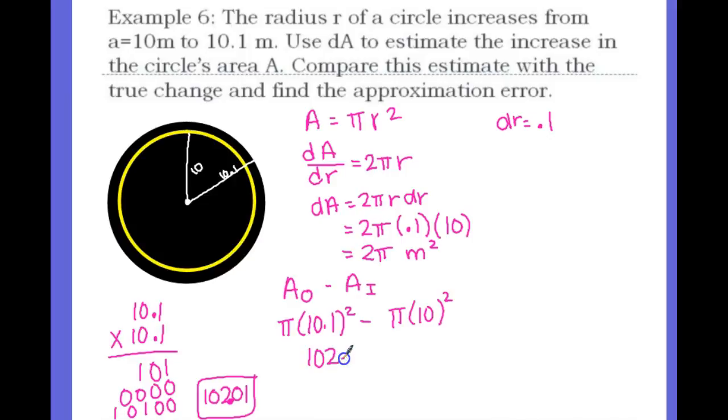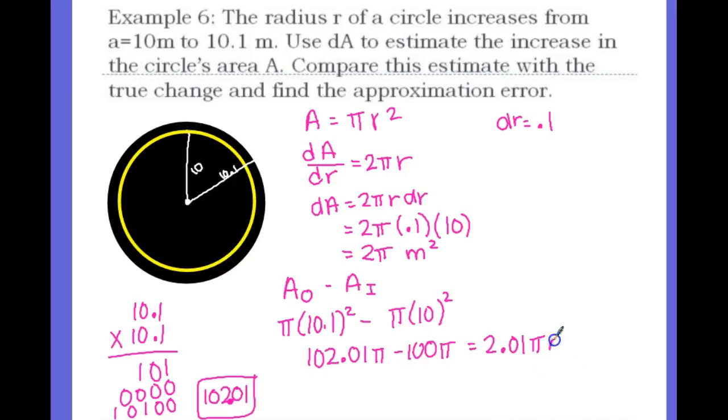So I have 102.01 pi minus 100 pi. So 102.01 minus 100, so 2.01 pi. So I'm relatively close, right? We're talking a 100th off.